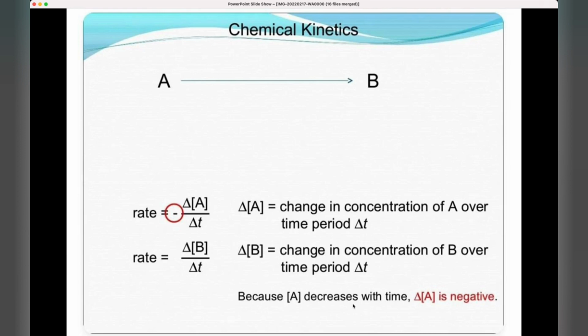And secondly, rate can also be delta [B] divided by delta t, that is, the change in concentration of B over time period delta t. So, why are we taking A as negative delta [A]? Because the square brackets denote concentration, and the concentration of A decreases with time. That is why we take delta [A] as negative.